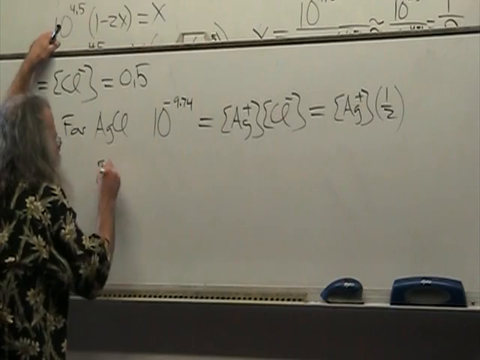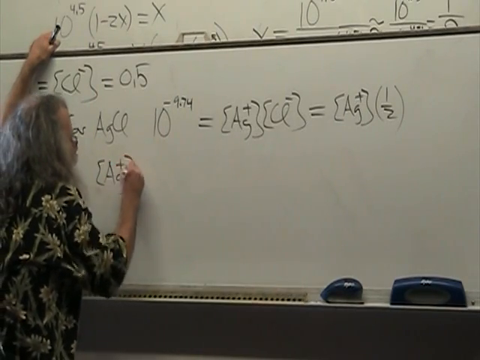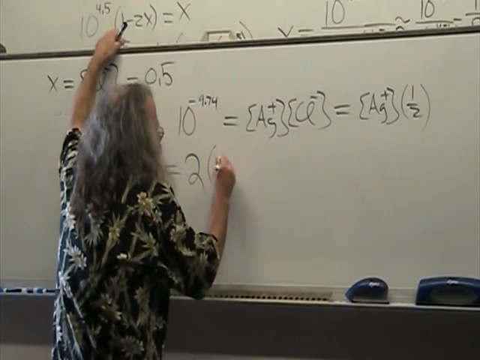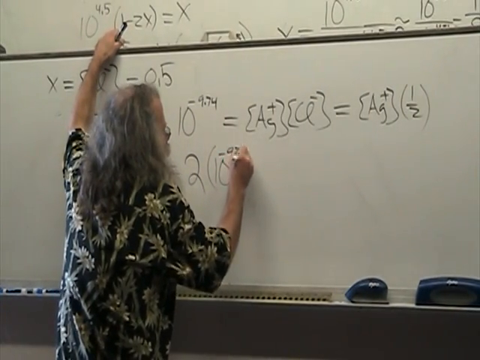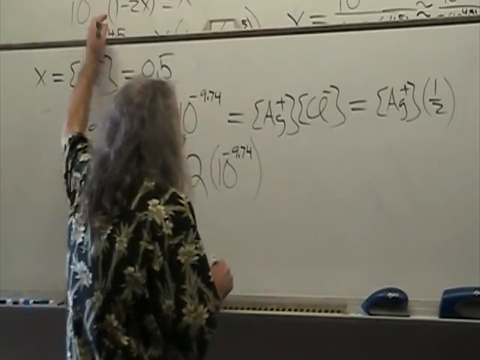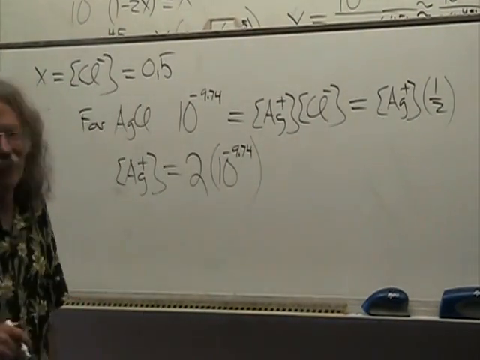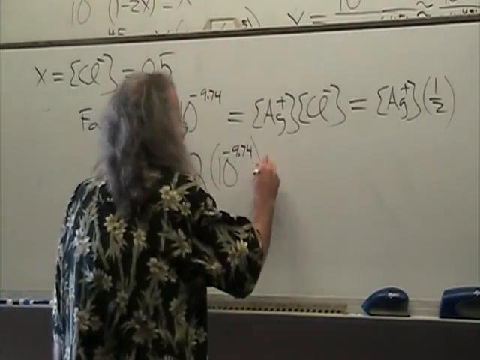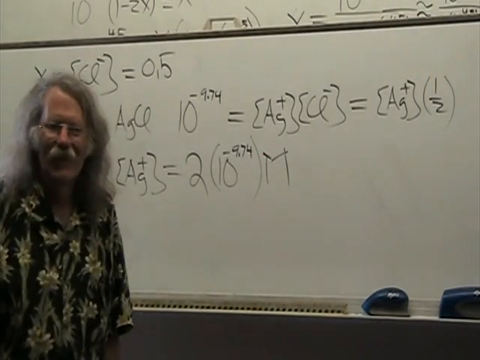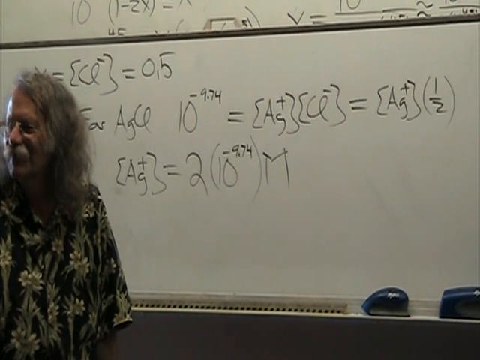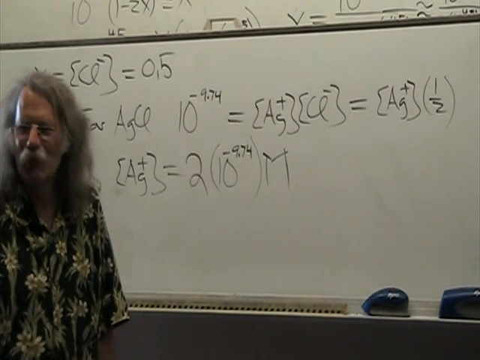Therefore, the silver ion concentration is equal to 2 times 10 to the minus 9.74, molar. And we have now completed the problem. Wasn't that easier than that last abomination?